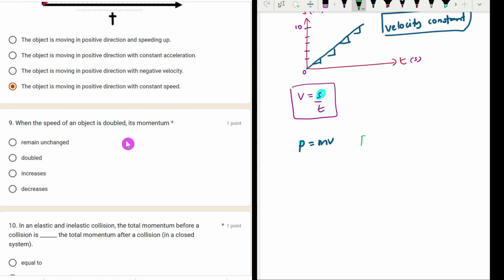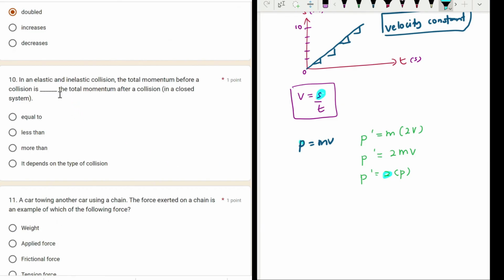So, P prime is equal to mass is constant, 2 kali V. So, dia akan jadi P prime is equal to 2 mv, where P prime is 2 times P. Iaitu double lah. So, momentum dia akan jadi double bila speed of the object is double. So, the answer is B.